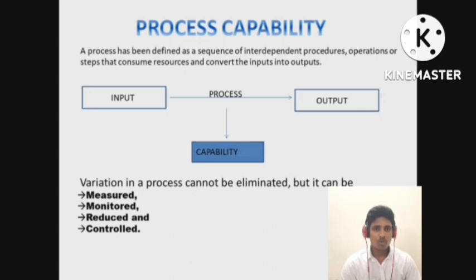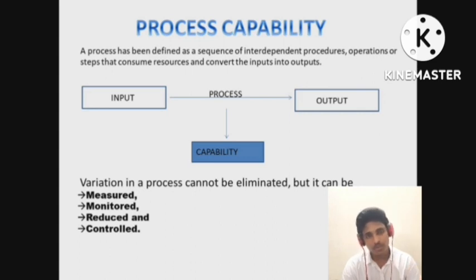Before going to know about process capability, we have to know what is a process. A process has been defined as a sequence of interdependent procedures, operations or steps that consume resources and convert the input to the output. Listen carefully. Here an input is converted into output by means of a process.